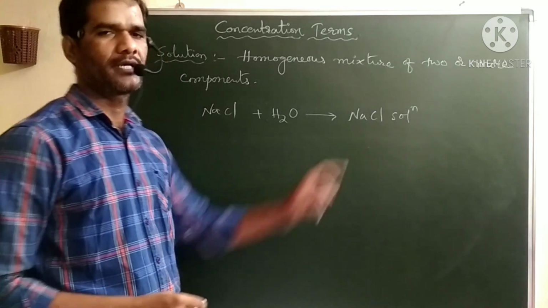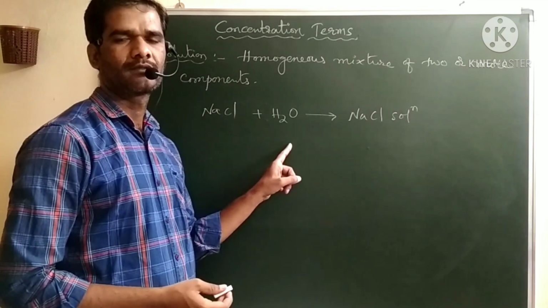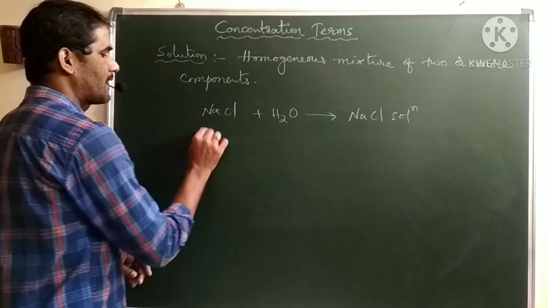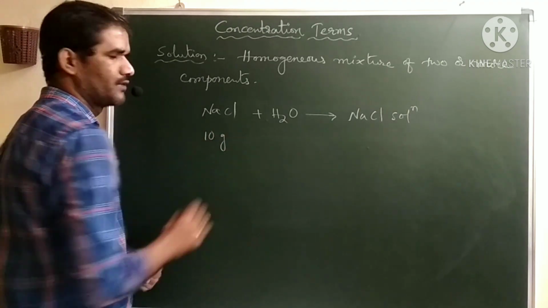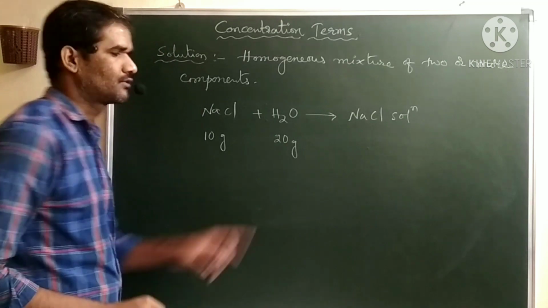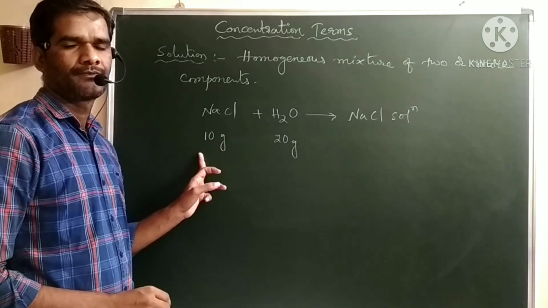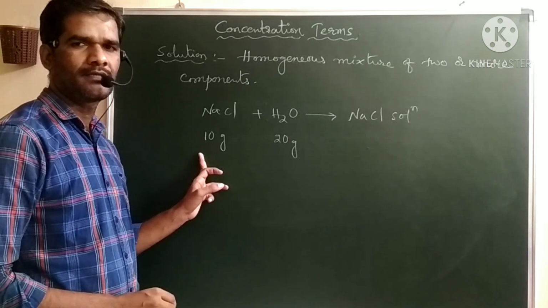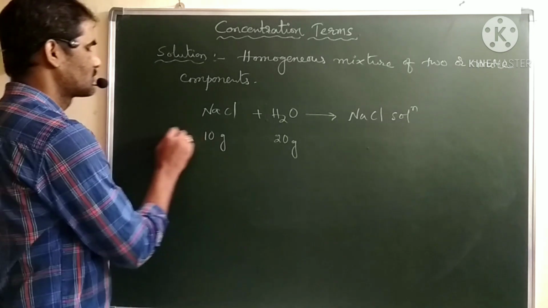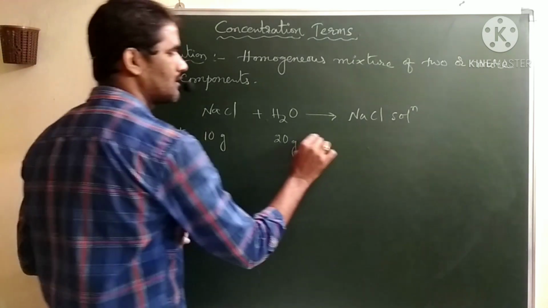So in this sodium chloride solution, we have two components. One is sodium chloride, one is water. Now which is solute and which is solvent? Here I will take 10 grams of sodium chloride and 20 grams of water. Here sodium chloride is lesser in quantity, so this is called the solute. And here water is called the solvent.